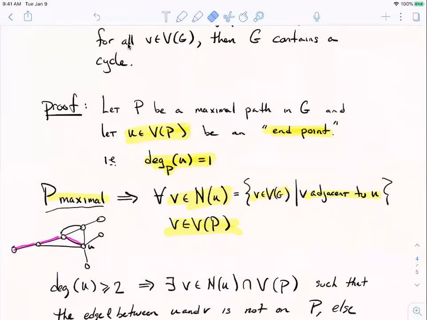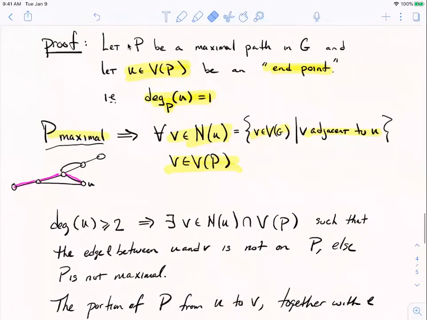It's kind of what maximal means. So I'm going to get rid of those things as you're watching, but that's what my claim is. For every vertex in the neighborhood of this U, this endpoint, that vertex is on the path.